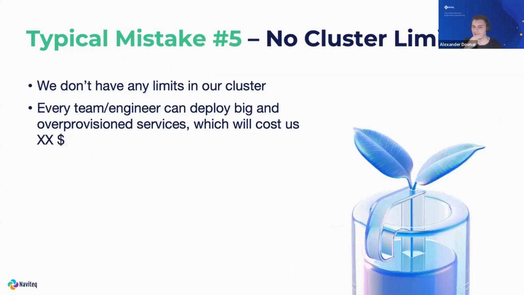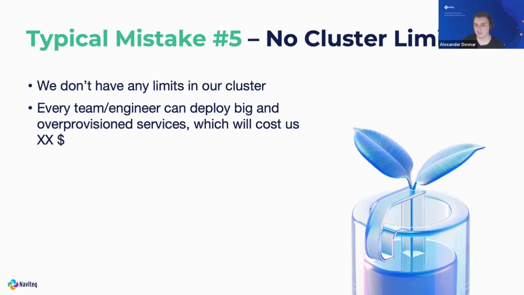The next mistake, and probably the last one which we see from time to time, is that sometimes teams are not limited by any boundaries. For instance, in a cluster used by multiple teams, they can deploy freely without any limitation. It sounds flexible, but in reality, it's chaos.